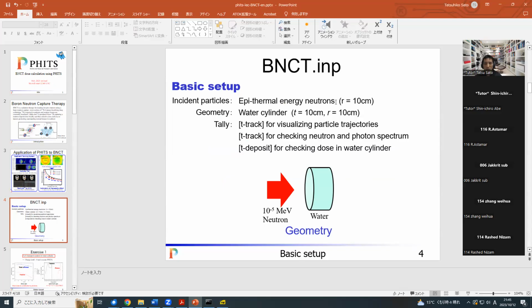An epithermal energy neutron beam with a radius of 10 centimeters is incident on a water cylinder with a thickness of 10 centimeters and a radius of 10 centimeters. There are three tallies: one for visualizing the particle trajectory, one T-Track for checking the neutron and photon spectrum, and one T-Deposit for checking the dose in the water cylinder.